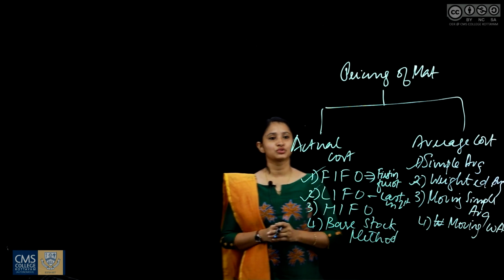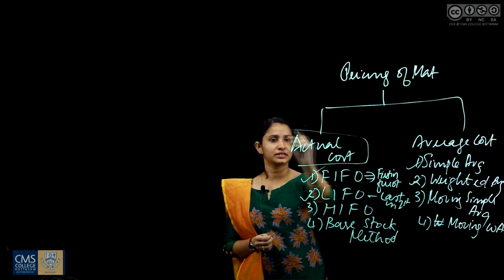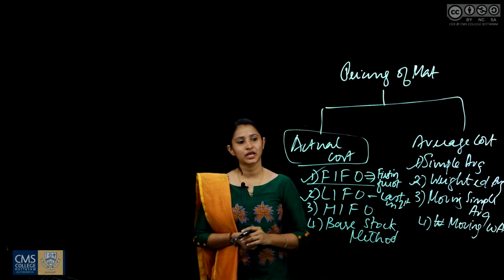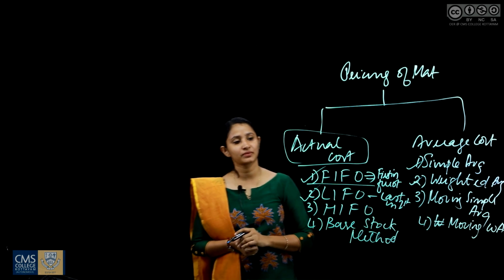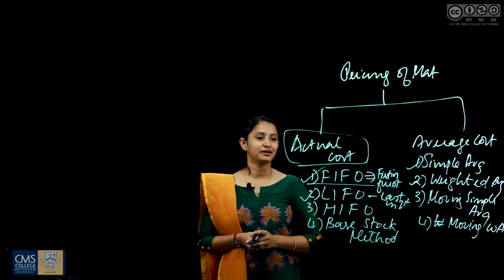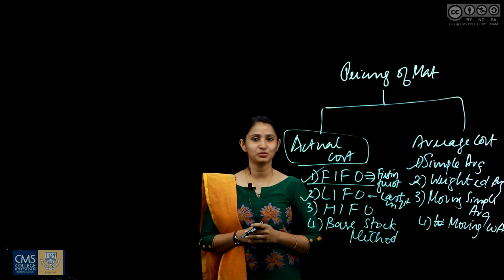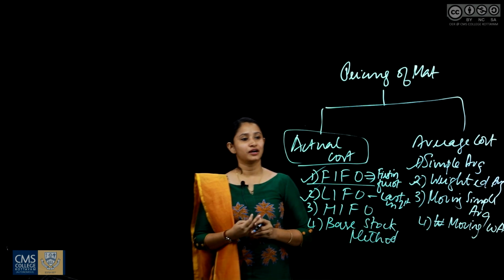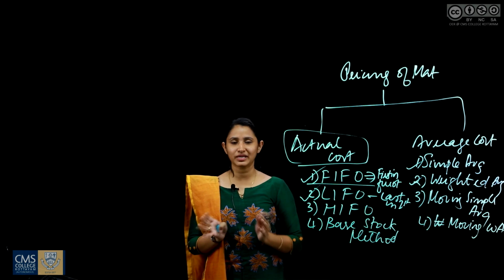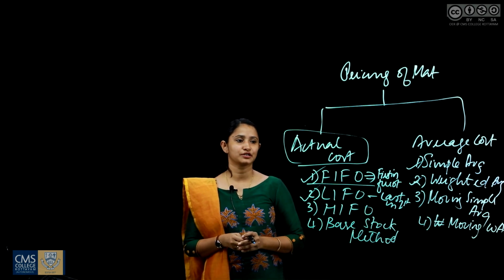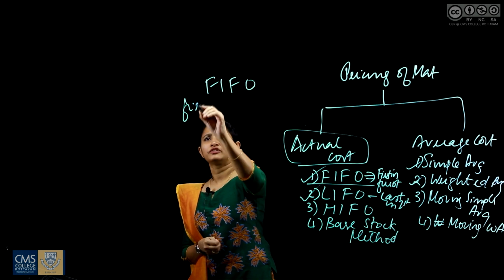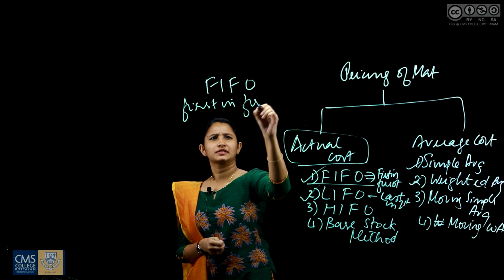Today we are going to discuss the actual cost method, and in it specifically the first in first out method of pricing, also known as FIFO. We normally call it FIFO, but if you refer to certain YouTube channels, they pronounce it differently. Anyway, we'll be dealing with the FIFO method in particular today. So FIFO is first in, first out.